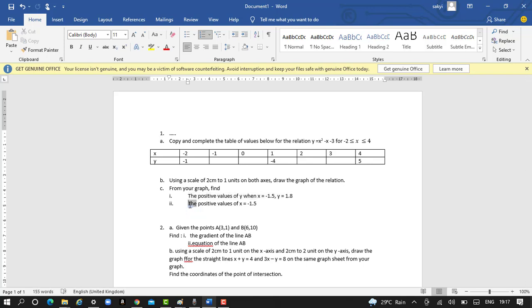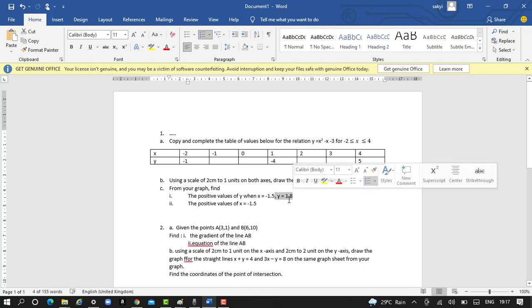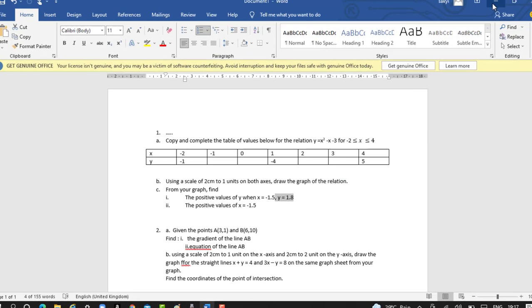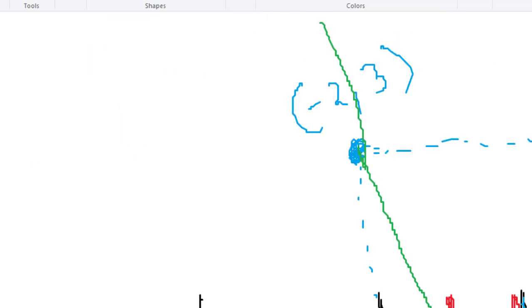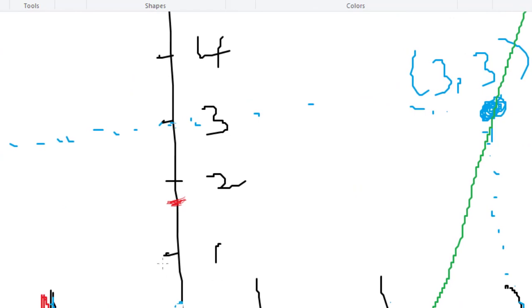It says that when y is 1.8, obviously we're supposed to find our x, as I said earlier. So tracing from the graph, we'll realize that our 1.8 is somewhere at this region, somewhere here.